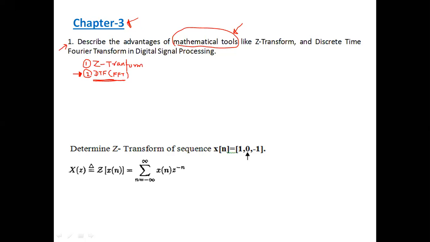Now question number 1 says, why are these transforms so important in the modern engineering world? You can mention many advantages, but let's list some of them. First, these are very easy to implement in software.